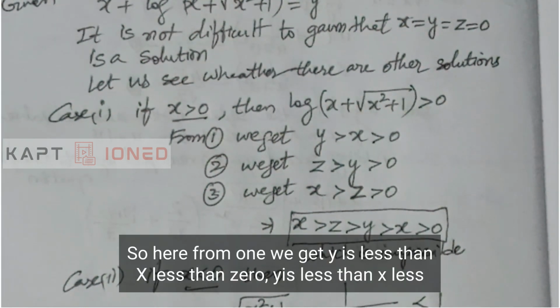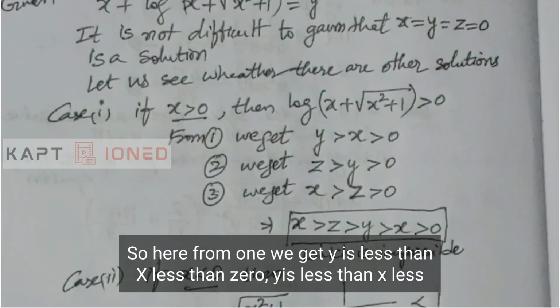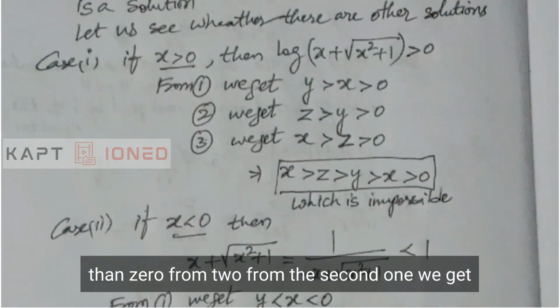So from 1 we get y is less than x less than 0.